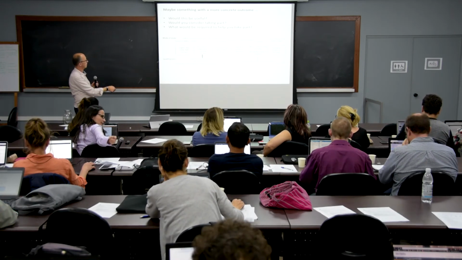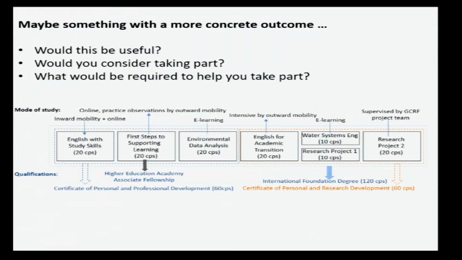You would get a formal certificate of what they call at the minute personal and professional development, which I would like to call SafeWater studies or something. And you could stop. You could take your certificate, or you could continue.